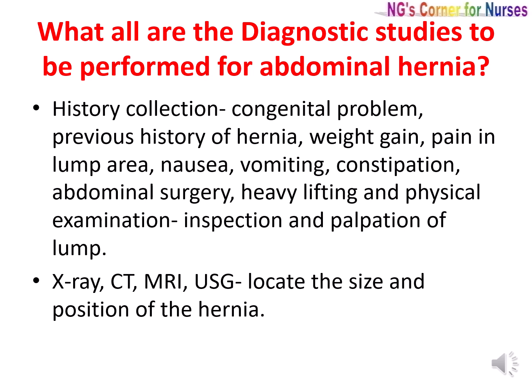And also, we will take a history regarding all of the risk factors, and then we will do abdominal examination. We will inspect and palpate the lump. Next, X-ray, ultrasound and or CT scan or MRI can be done to locate the size and position of the hernia.